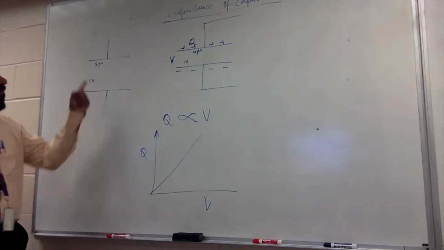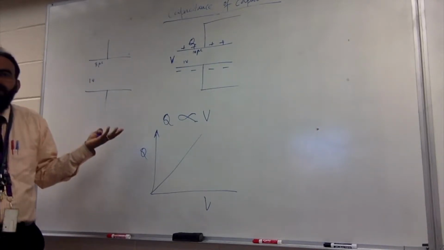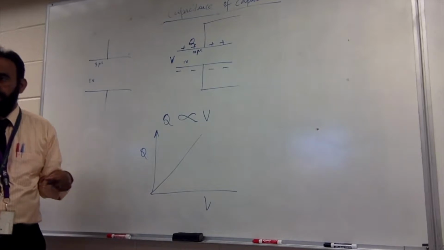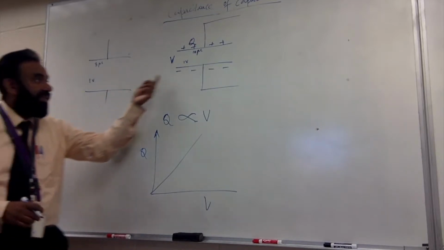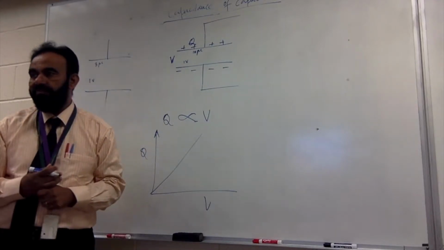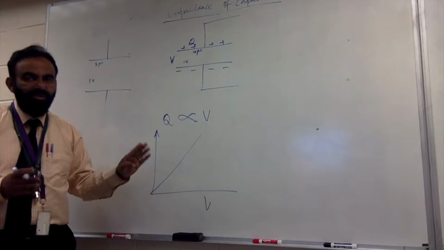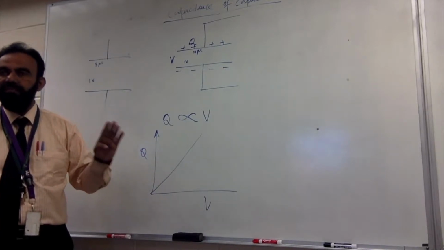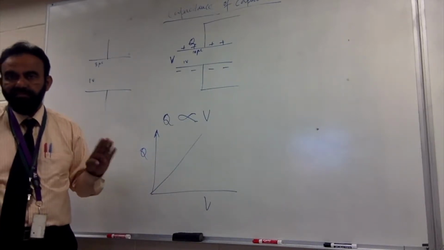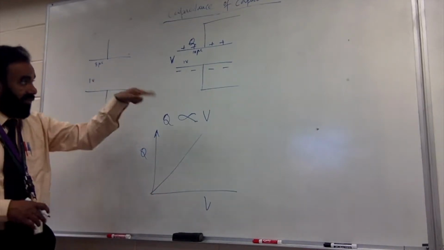Okay, so this capacitor, 3 microcoulomb is all it gets for 1 volt applied. This one can take up 10 microcoulombs for that volt. So Q is proportional to V, and the slope is going to be different for different capacitors. It makes sense? This one has the smaller slope. That one has a larger slope.